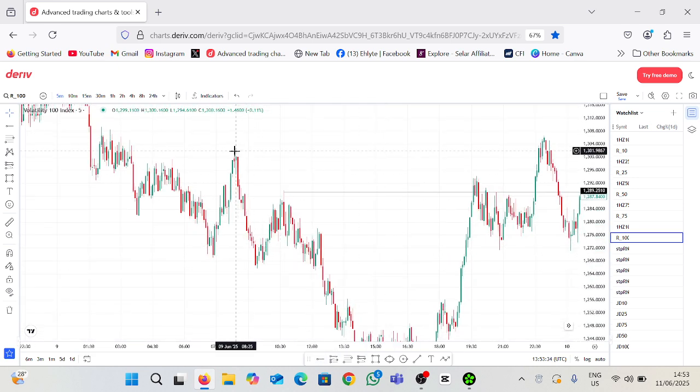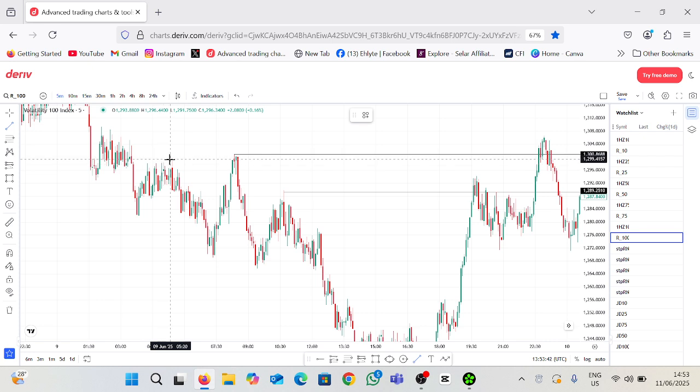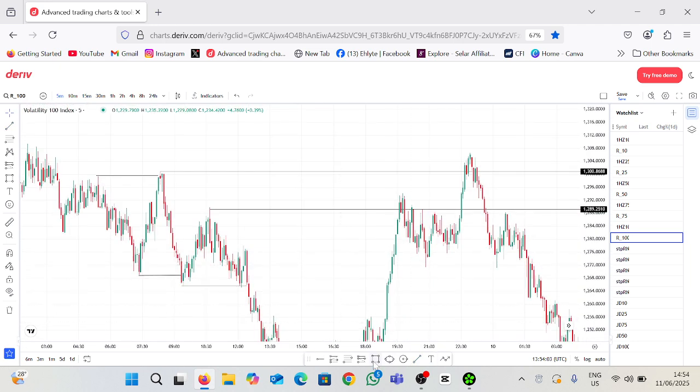Then we have a protected high here, and then this is our sweep of liquidity. This is an A plus setup. This is our first break. This is our second break. Alright. And then this is our POI.